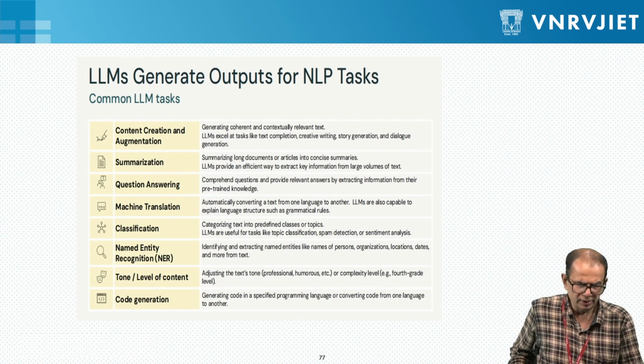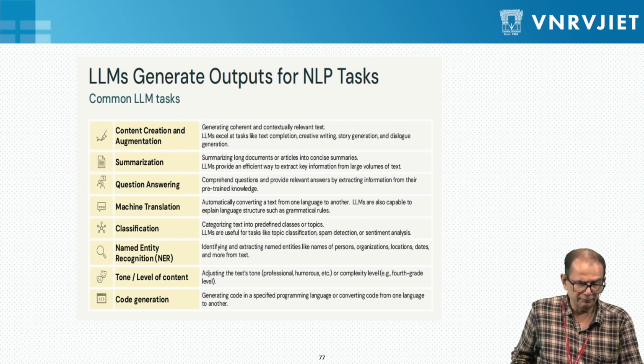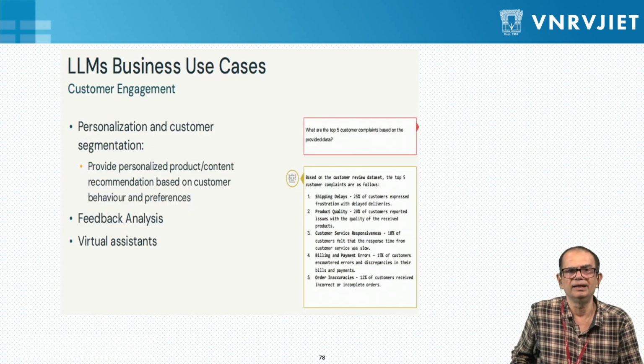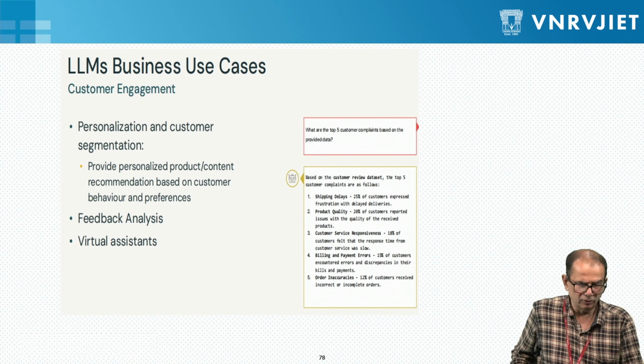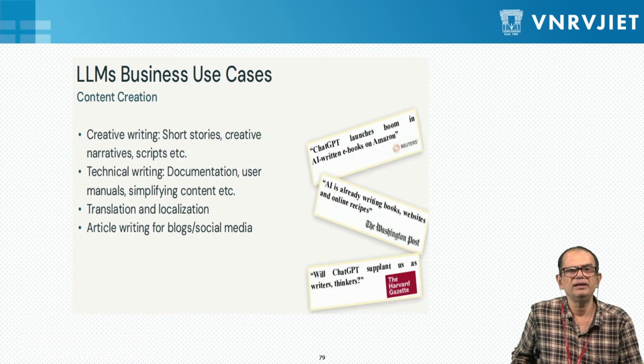Now, what are the LLMs used for NLP tasks? The common LLM tasks are content creation, summarization, and Q&A. If we talk about some of the use cases, like feedback analysis and virtual assistants, these are things the LLM can do.